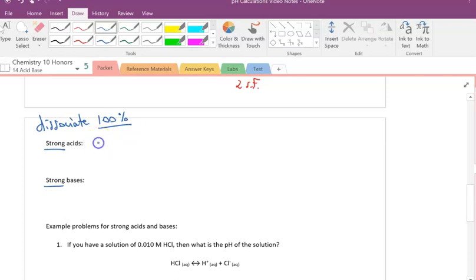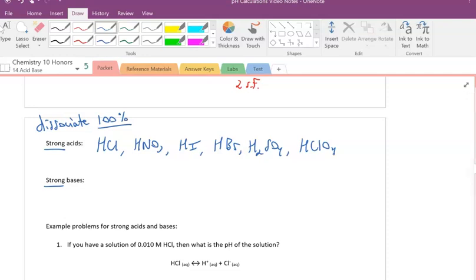And the strong acids are the ones that we've commonly used throughout the year. Hydrochloric acid, nitric acid. We have hydroiodic acid, sulfuric acid. We have hydrobromic acid, sulfuric acid, H2SO4, and then perchloric acid, HClO4. So any of these 6 acids are going to react 100%.